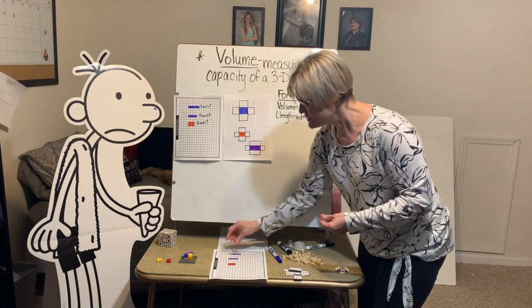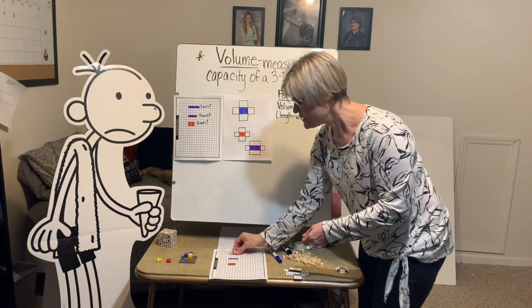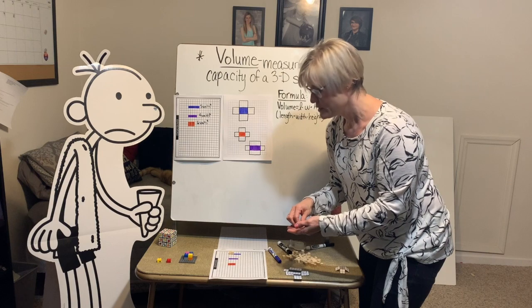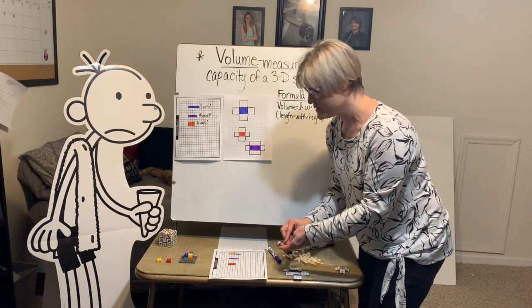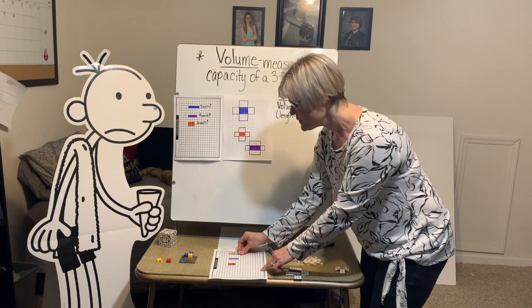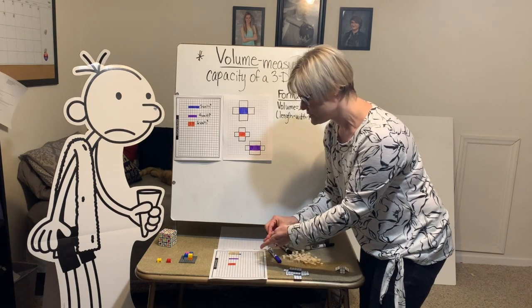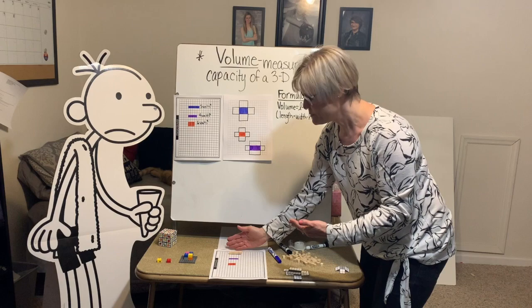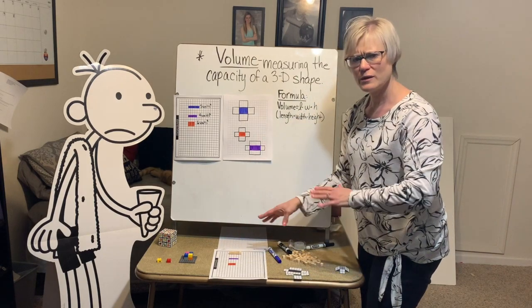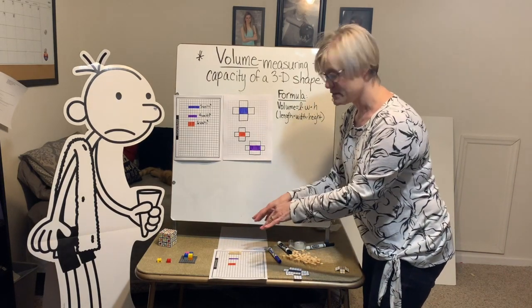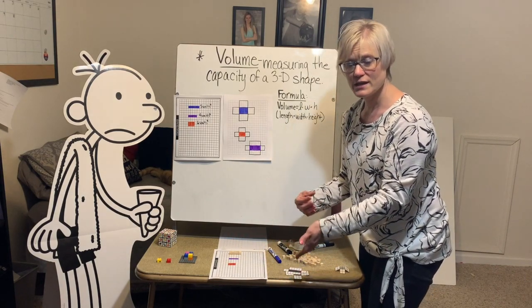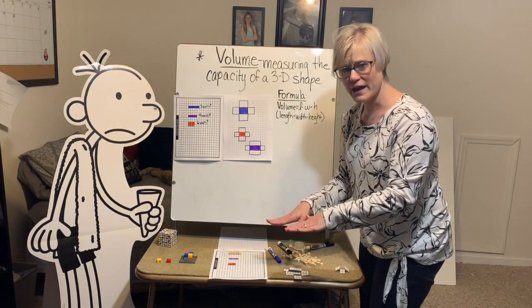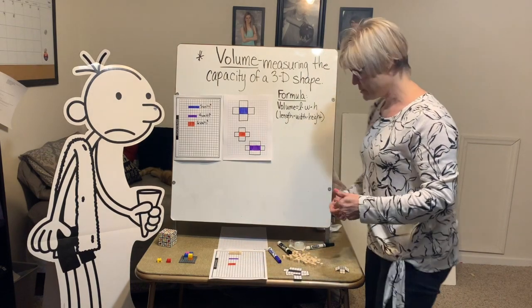I'm going to go ahead and place these here, and immediately I can see the difference between the flat surface that I had before and the cubed surface that I have now. I notice that my cubes stick up off of the paper, and so I'm really not filling anything in. So that's showing me the difference between area and volume. Area is flat, volume sticks up.